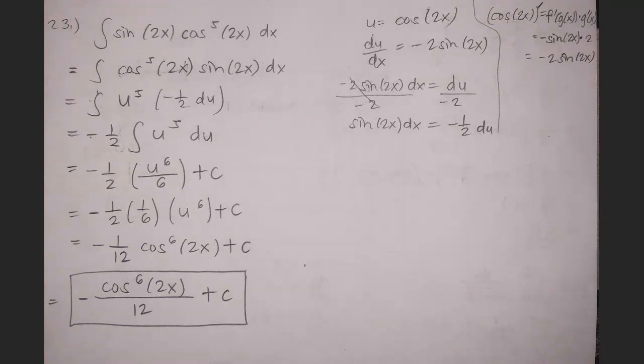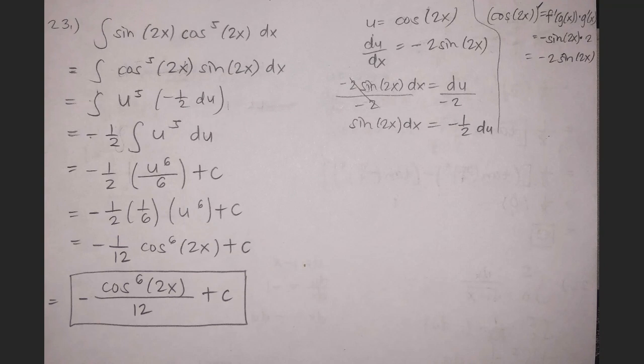And then since we have sine 2x dx in the integrand, we can find that by rearranging the equation, du over dx equals negative 2 sine 2x. I just cross multiplied and divided by negative 2 and found sine 2x dx equals negative 1/2 du.